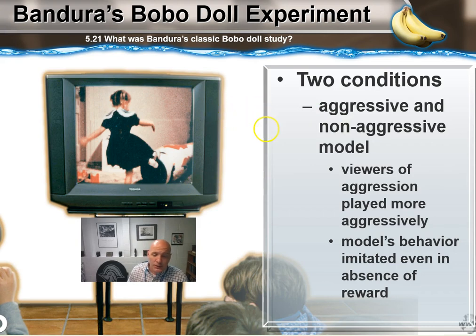These actors at some point took a mallet to hit the Bobo doll, they punched the Bobo doll, and they kicked the Bobo doll, and they walked out of the room and told the kids not to do what they did. The kids who watched the aggressive model were more likely to act aggressively.